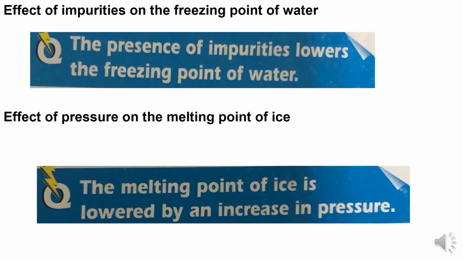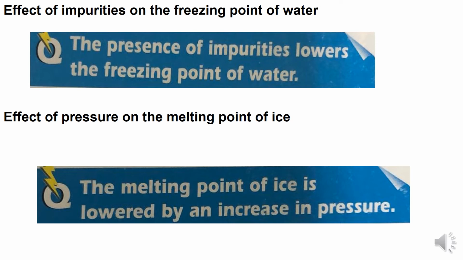It will not freeze, but other problems will come, like corrosion, so it would be dangerous. So in the car cooling system we use antifreeze, but on roads and icy areas we put salt as an impurity. So the presence of impurities lowers the freezing point of water.